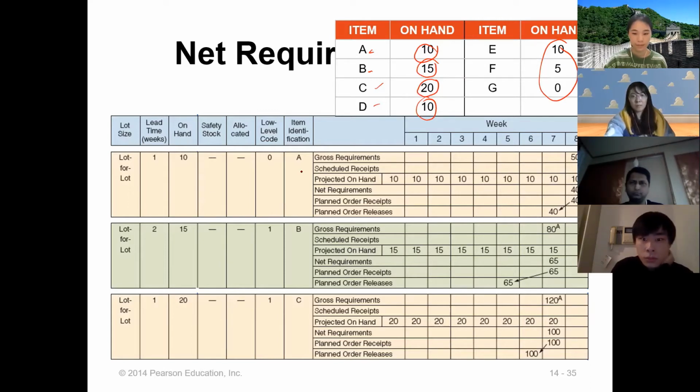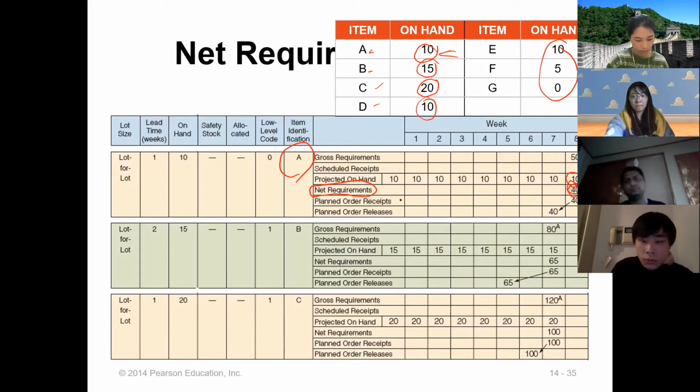A is the final product, so you minus the stock in hand. 50 minus 10 is 40. So the net requirement is only 40.